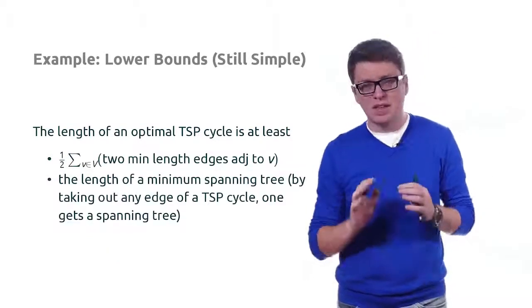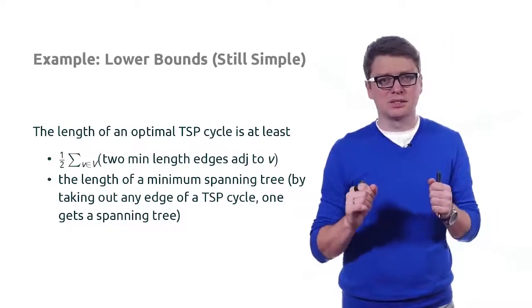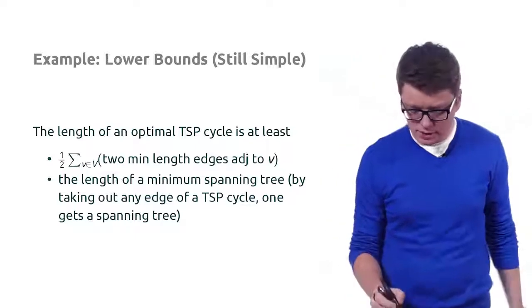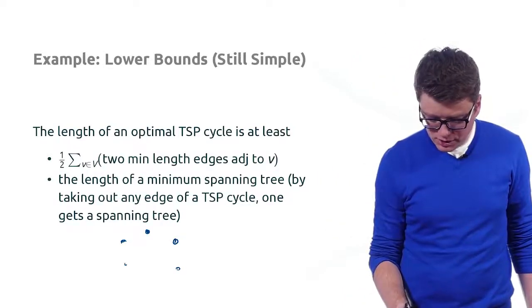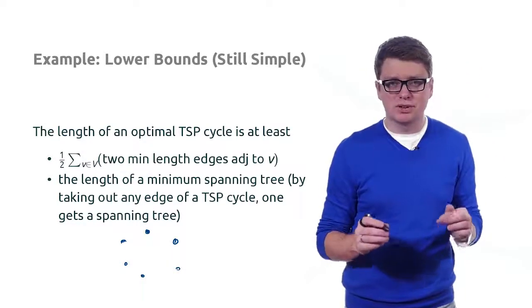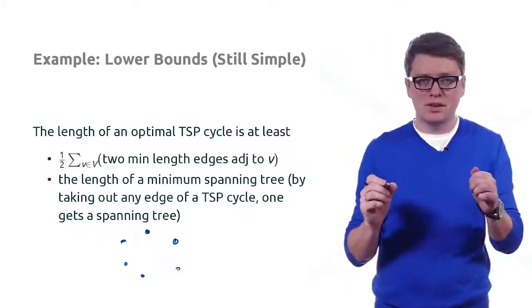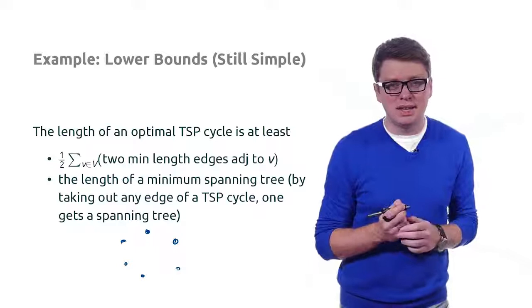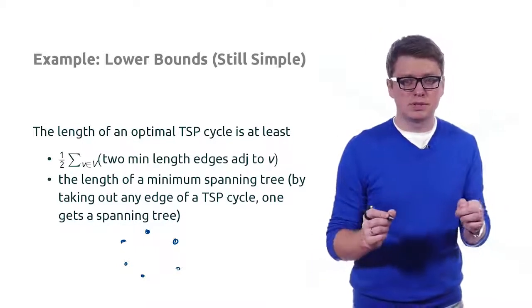Another way of lower bounding the optimum cycle is the following. Assume that we have a graph and we construct the minimum spanning tree in this graph, and assume that the graph is undirected also. Then what I claim is that the weight of this minimum spanning tree is at most the weight of the traveling salesman cycle.